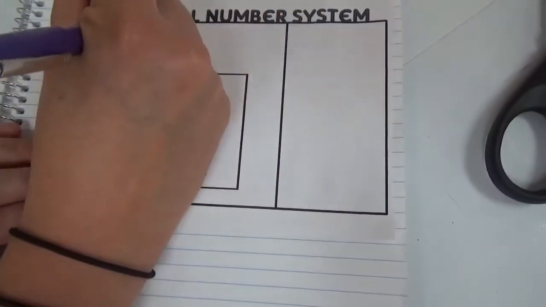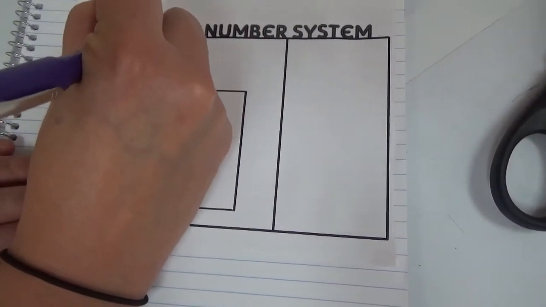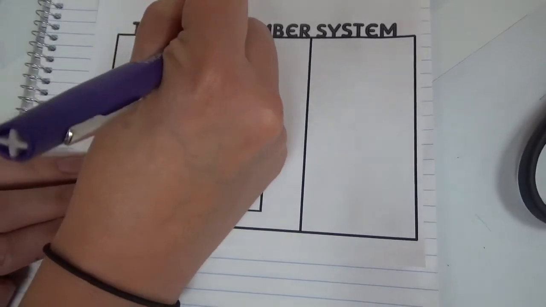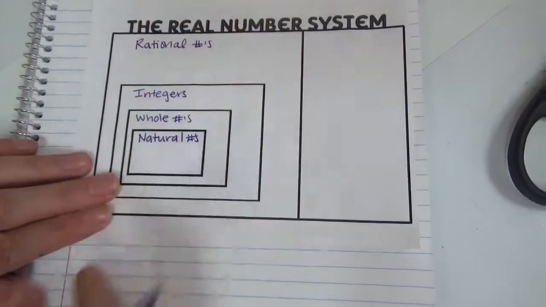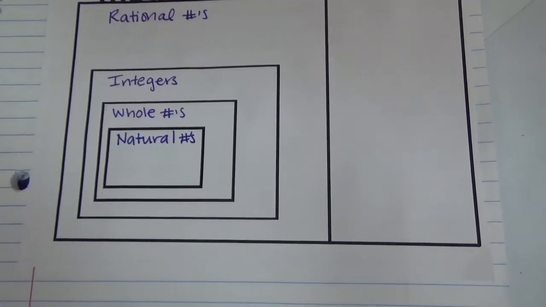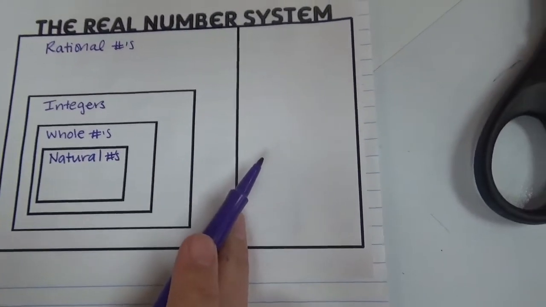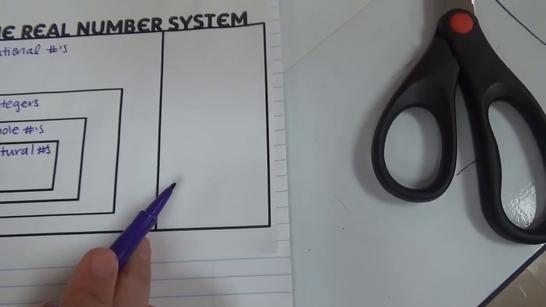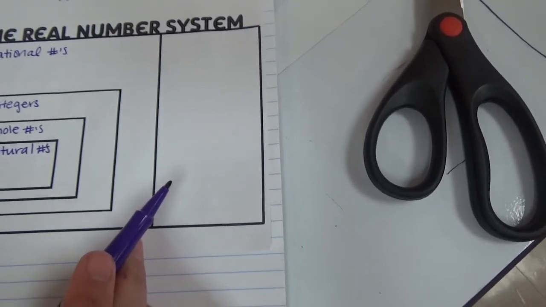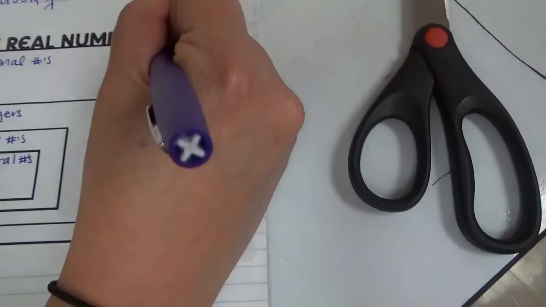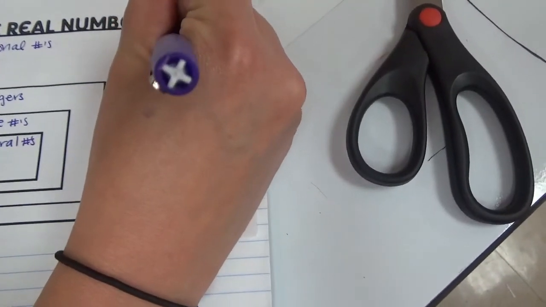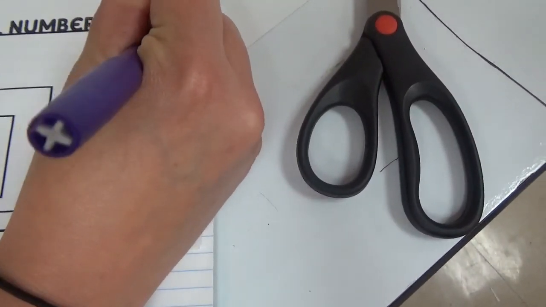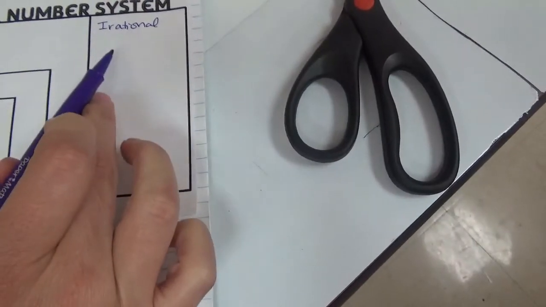And we have rational. On the side over here, this is really for when you go into 8th grade math, and then you'll need to know it for algebra, but these are going to be irrational. You will not necessarily see these on the STAAR.